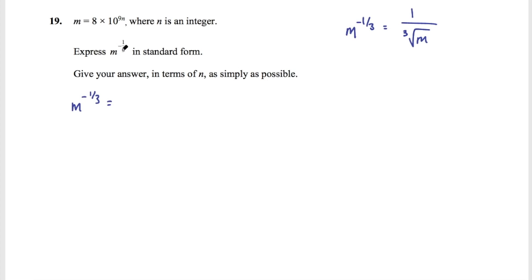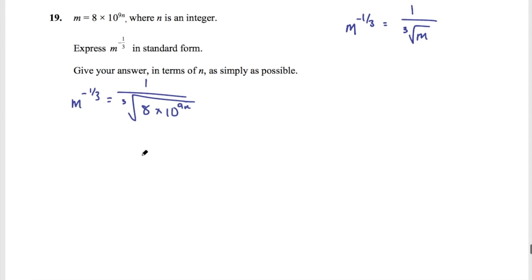So we can say that m to the minus a third will be 1 over the cube root of all of this. So 8 times 10 to the 9n. Okay, so all I've done is taken the cube root of that and written it as a fraction.